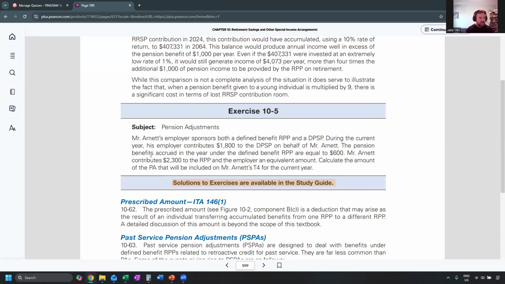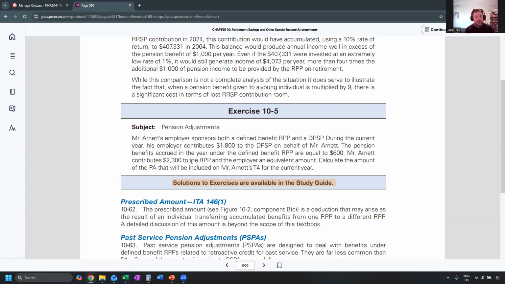The pension benefits accrued in the year under the defined benefit program was $600. So my pension income every year after I retire will increase by $600. Mr. Arnett contributes $2,300 to the RPP and the employer an equivalent amount. Calculate the amount of the pension adjustment that will be included on the T4.